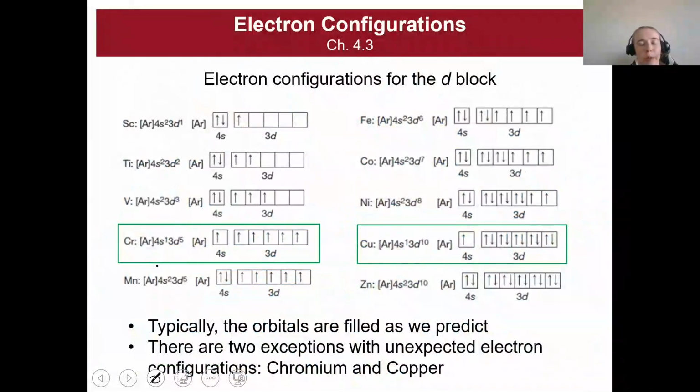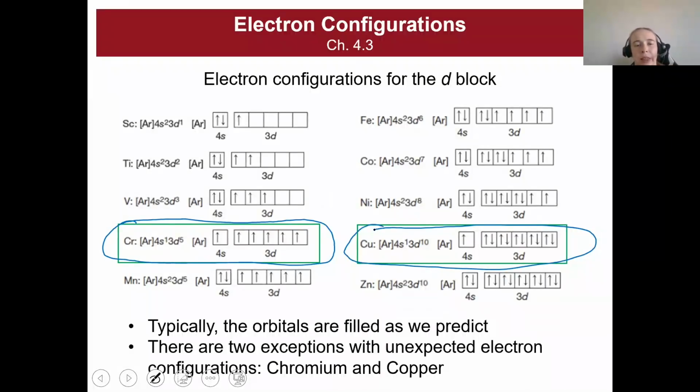Anyway, where were we? So there are some unique electron configurations for the d block and f block, as I briefly mentioned before. Two of those notable exceptions are chromium, Cr, and copper, Cu.